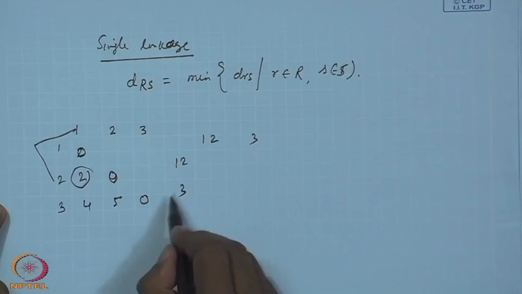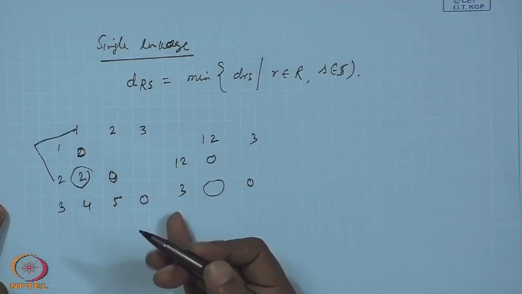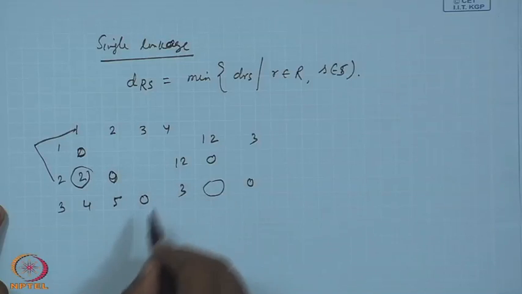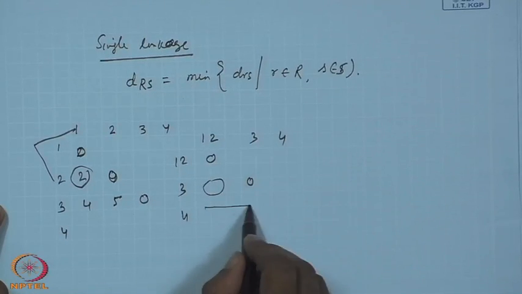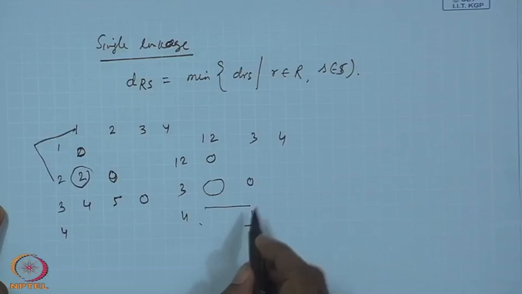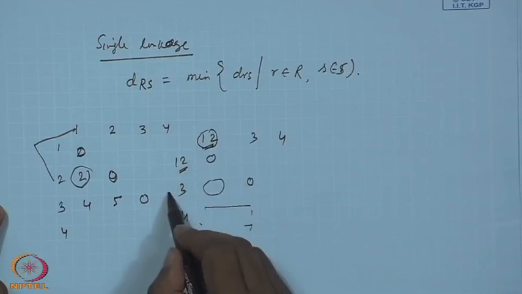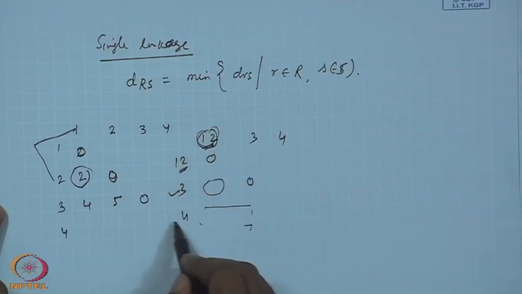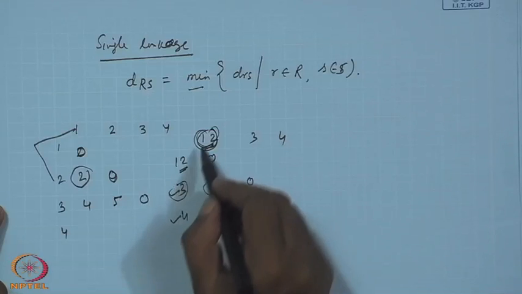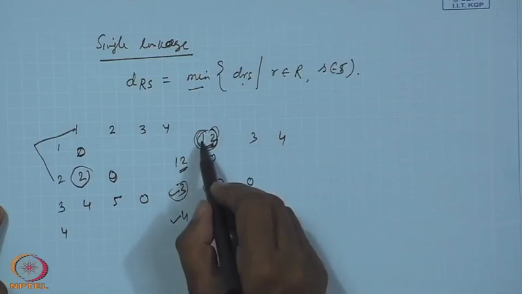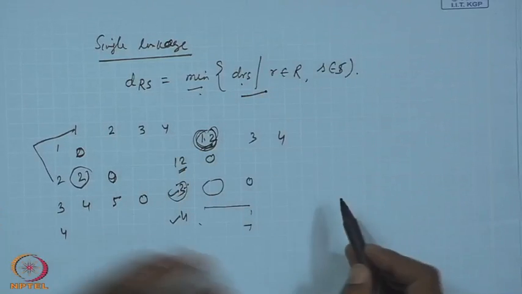But if you add one more object here, then ultimately you will be getting some more values, and you have to find out the distance between this group and this point. The minimum distance between 1 and 3 and 2 and 3 will be considered. That we have discussed earlier.